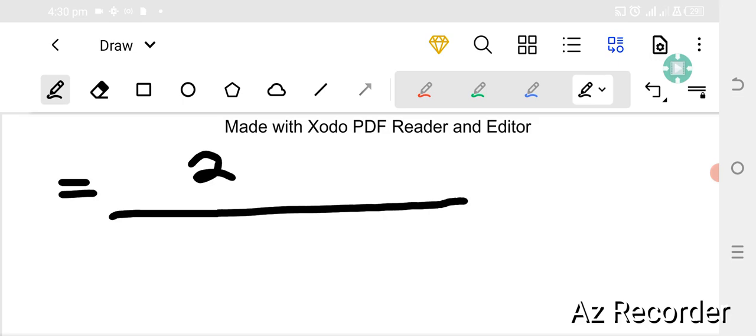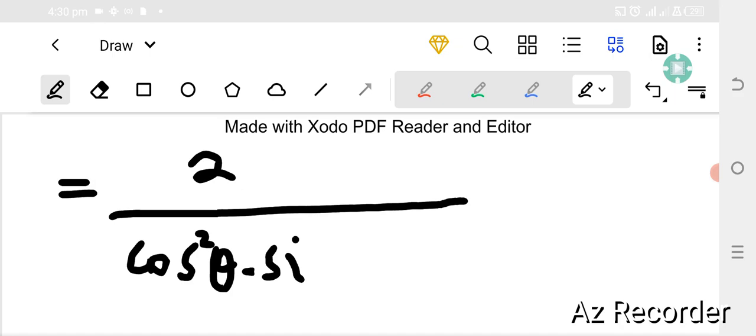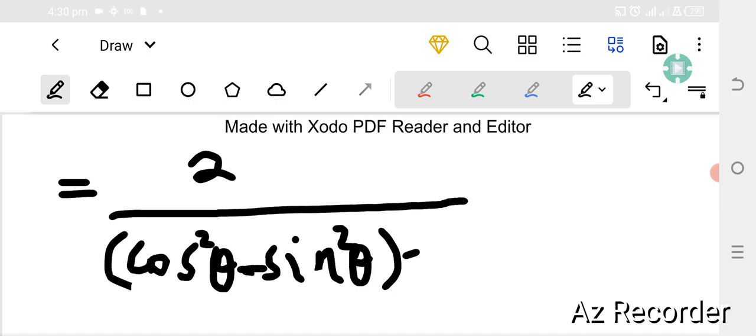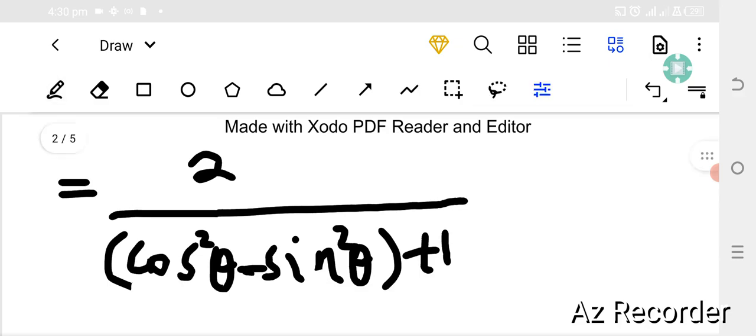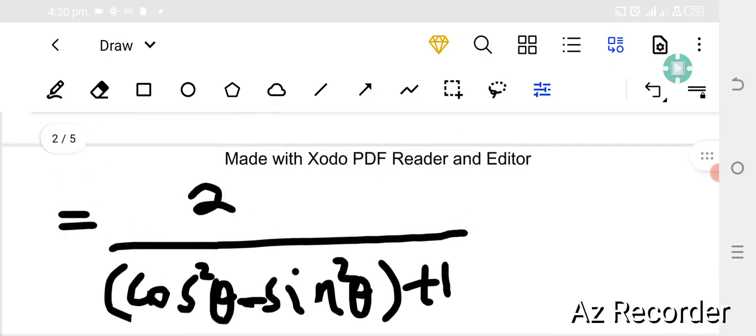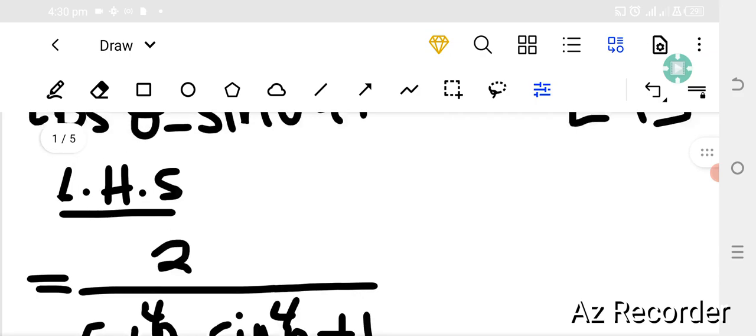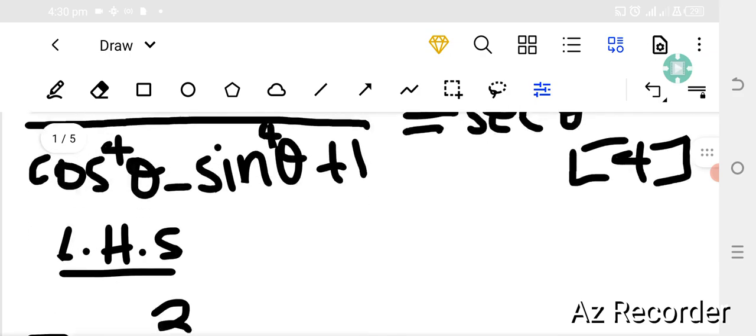cos theta squared minus sin theta squared, like that. So this is a minus, then plus 1. This is what we have remained with after simplifying, because sin theta squared plus cos theta squared is a 1. And then if you look at the right hand side, the right hand side only had sec theta squared.